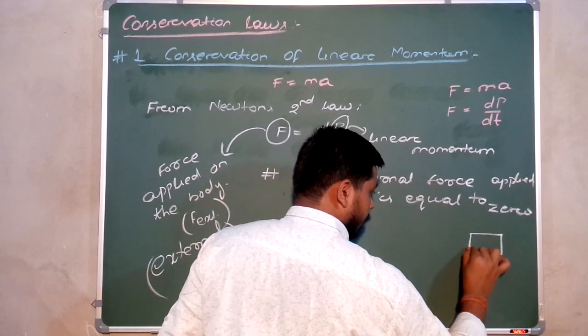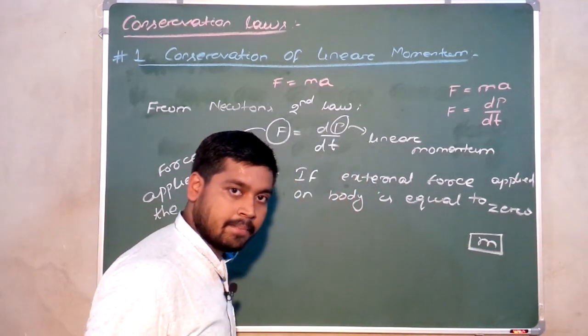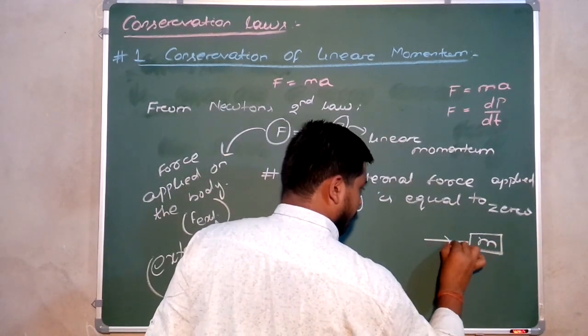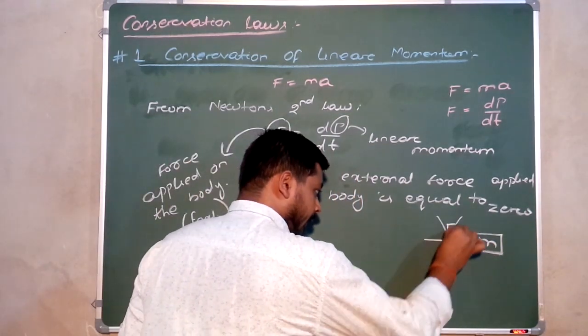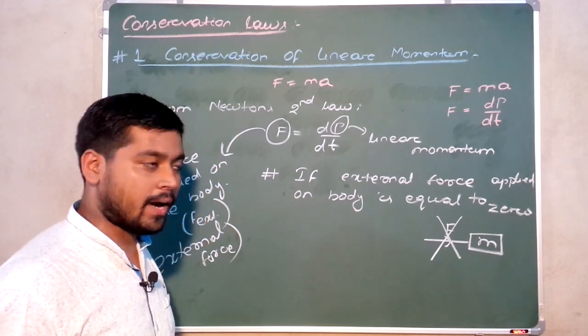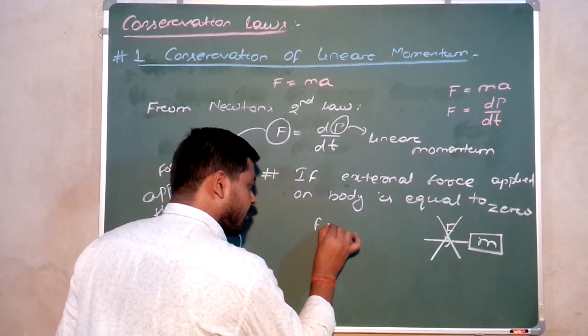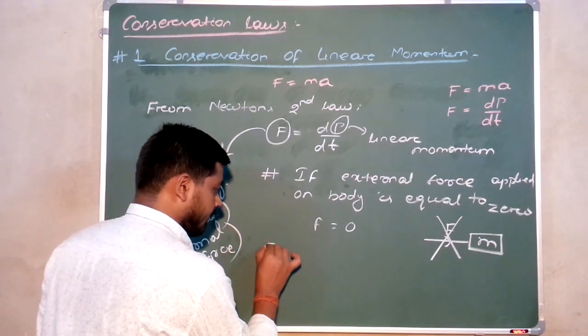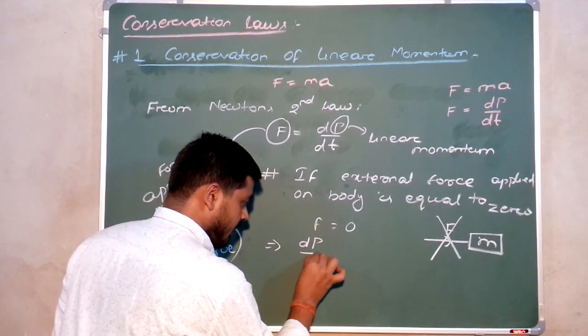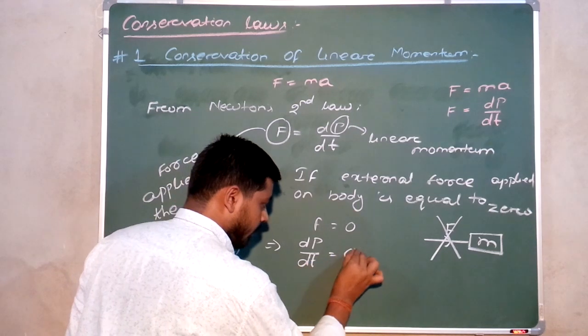Here is the body having mass m. If we don't apply any external force, then F equal to 0. If F is 0, that implies dp by dt equal to 0.